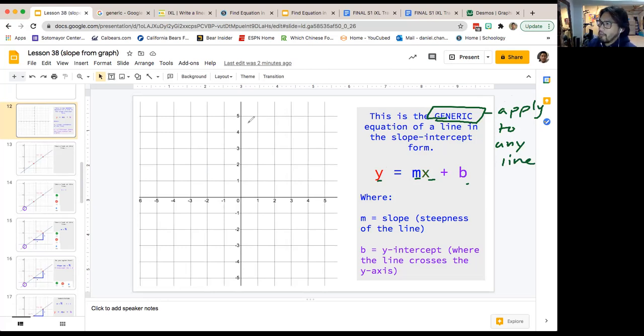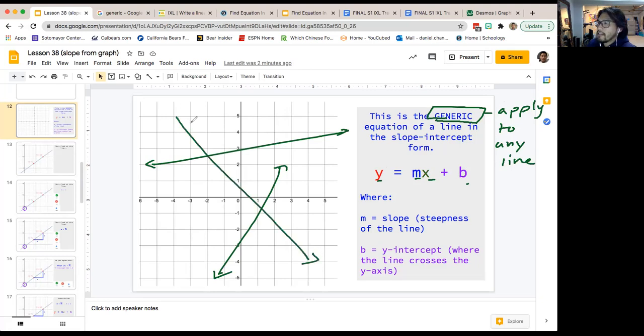So in this case, y equals mx plus b could be any line that you see on a coordinate plane. It could be this line, it could be the second line I drew, it could be a line that looks like this, it could be a line that looks like this. Any line can be defined by the generic equation y equals mx plus b.